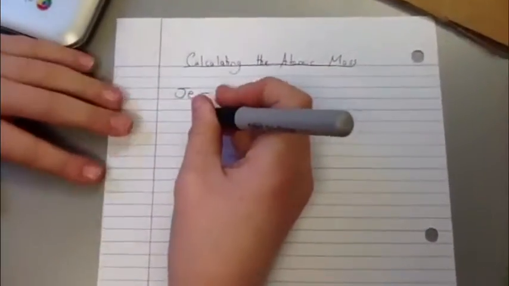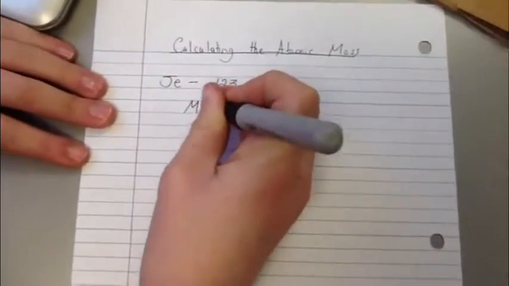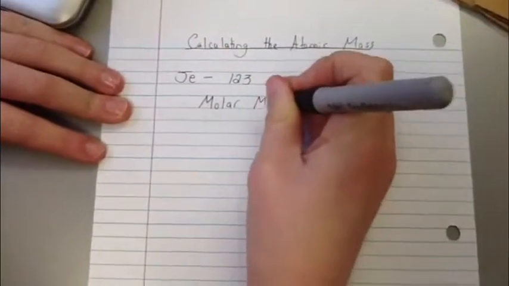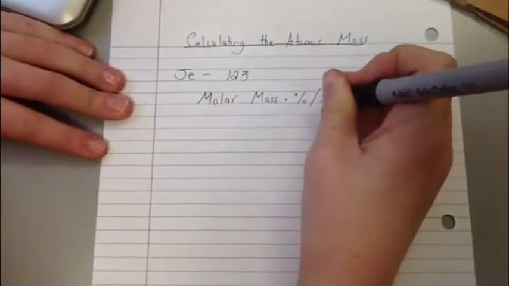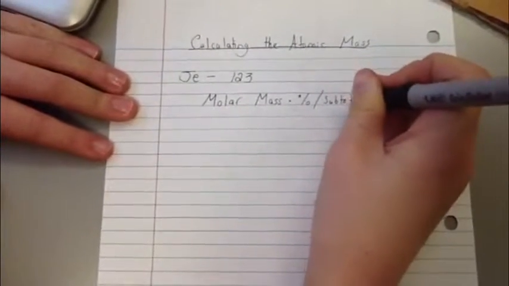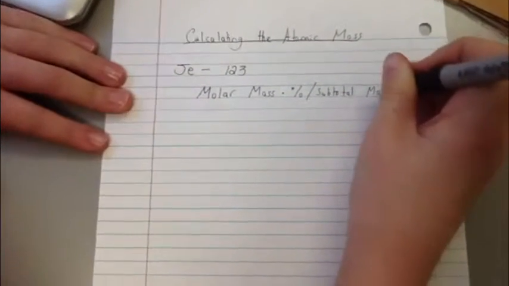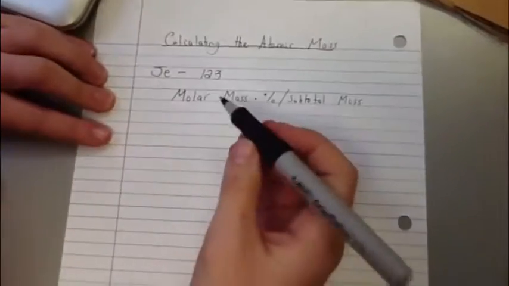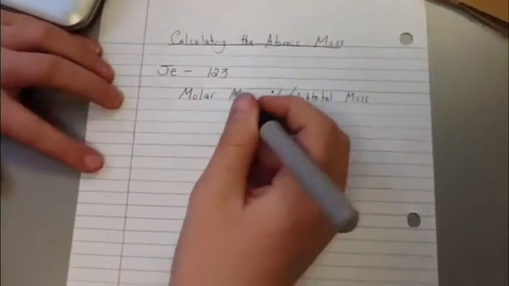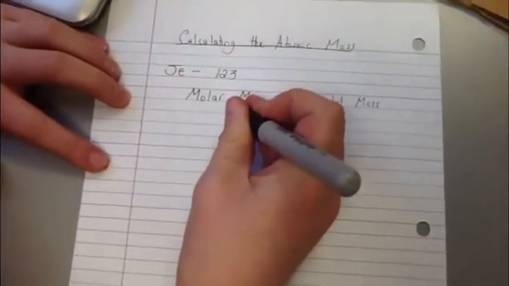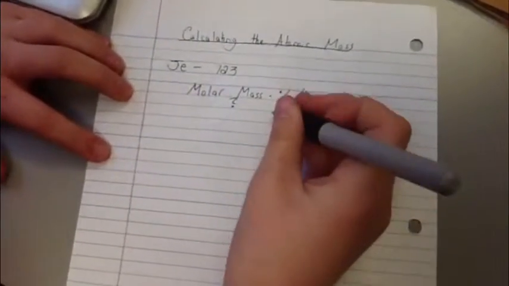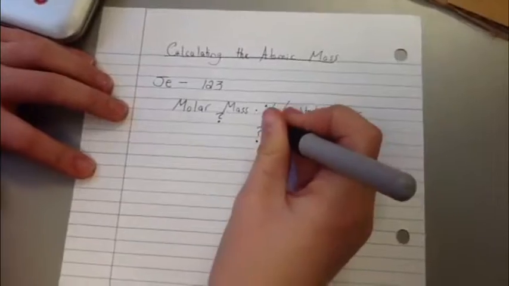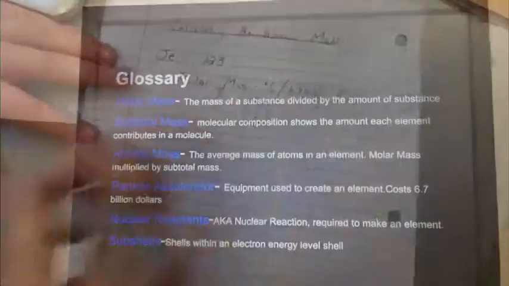Now, to find the atomic mass, we would need to multiply the molar mass times the percent, or the subtotal mass. But because our element is so unstable, it's impossible to calculate the molar mass or the subtotal mass, making our element's atomic mass unknown and impossible to calculate.